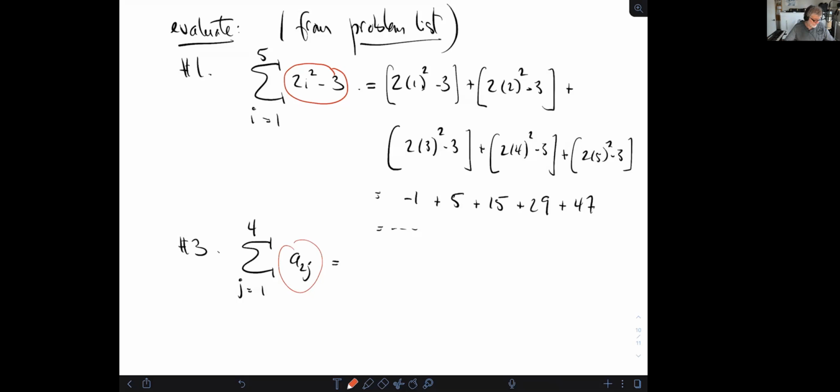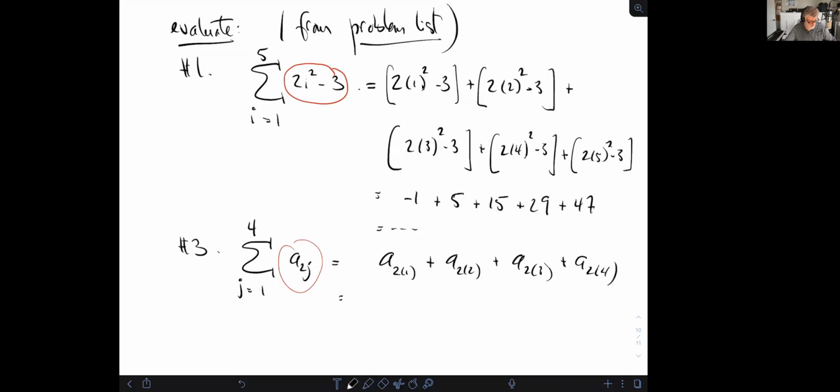Yeah, so here again, my index goes from 1 to 4. So 1 to 4, increasing by 1: 1, 2, 3, 4. I evaluate my summand at all the values of the index. So this is a index 2 times 1 plus a index 2 times 2 plus a index 2 times 3 plus a index 2 times 4.